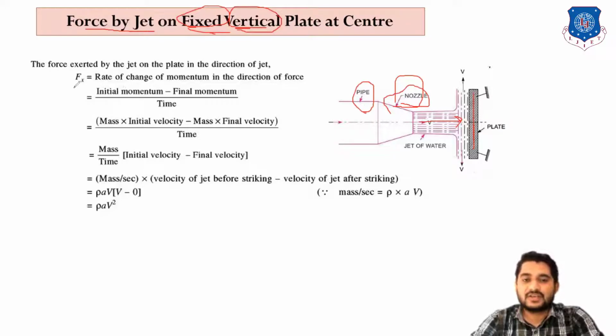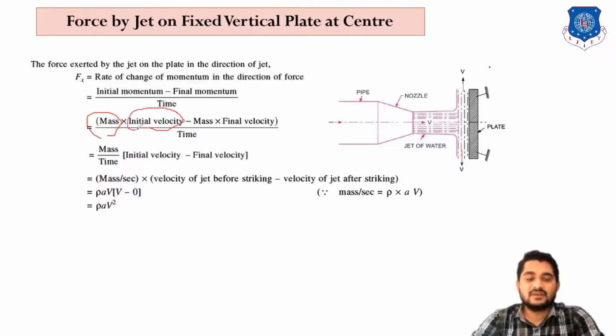First of all, according to the impulse momentum equation, we know force is equal to rate of change of momentum. What do you mean by rate of change of momentum? That means initial momentum minus final momentum divided by time. Clear? So momentum will be mass into initial velocity minus final momentum, that means mass into final velocity, divided by time.